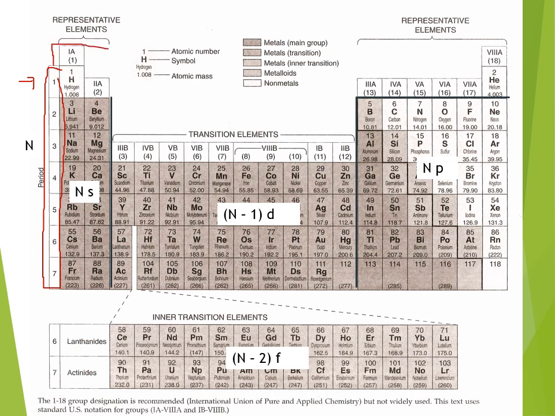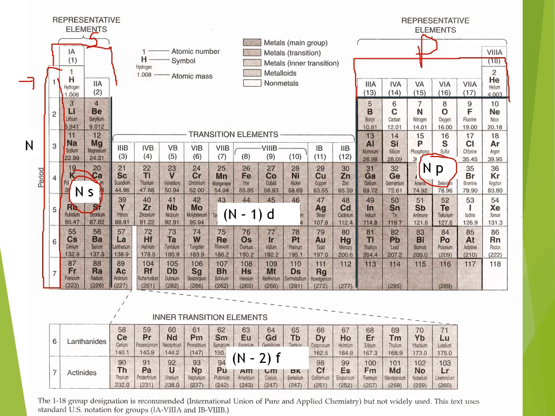These first 2 columns here, these 2 groups of representative elements, represent the s orbital. Notice this denotation of n s. The p orbitals are going to be the other group of representative elements on the far right of the periodic table. So this will be the p orbitals, designated by this n p.